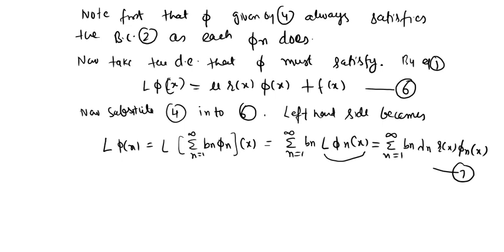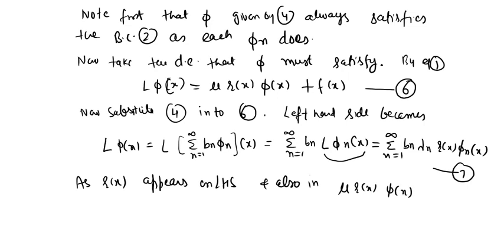So what we do: as r(x) appears on the left hand side and also in the first term which is mu r(x) phi(x), we write f(x) as r(x) times f(x) upon r(x).